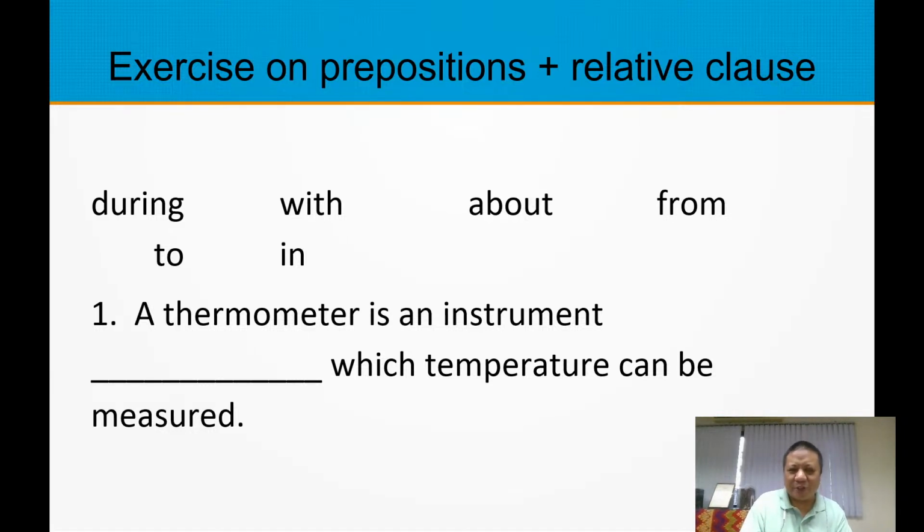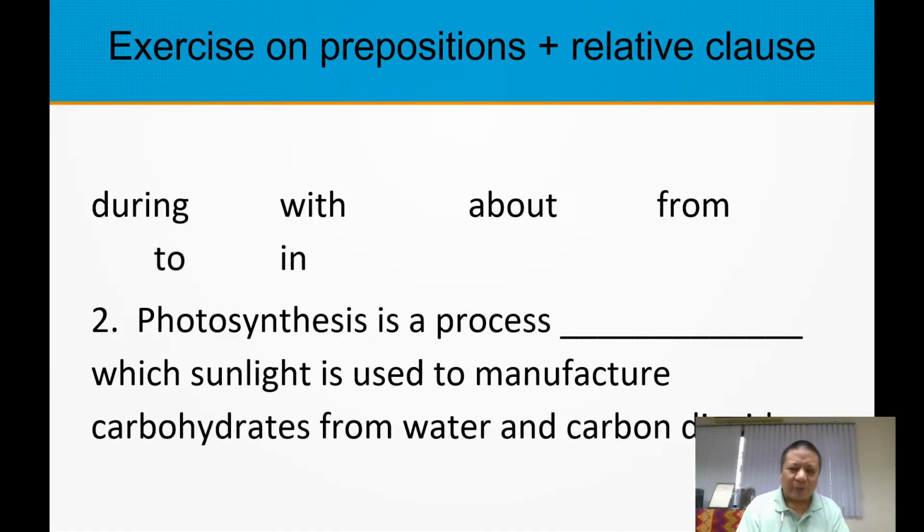Let's try number two. It's a process blank which sunlight is used to manufacture carbohydrates from water and carbon dioxide. So could you try putting the right preposition on the blank?